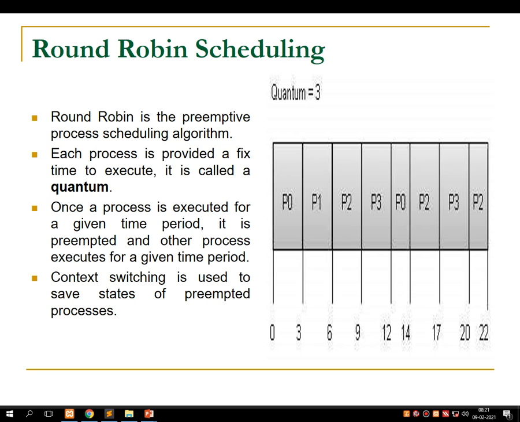parallelly it will inform or keep other processes in a queue within a given time period. So automatically the process execution phase gets faster than all other scheduling algorithms.